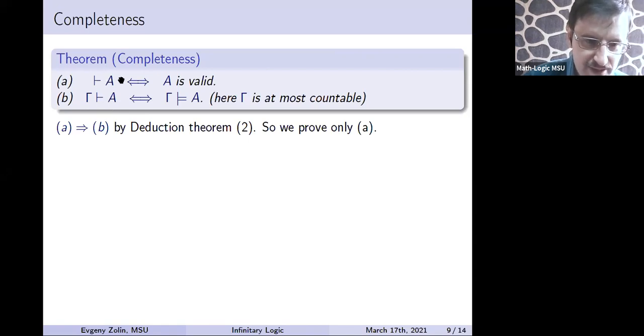By item A, this holds if and only if this formula is a tautology, is valid. And then we easily obtain that from gamma we obtain A. It's just an easy equivalence. So for the infinitary logic, we do not have a difference between completeness and strong completeness. But the only thing is that here gamma is at most countable.